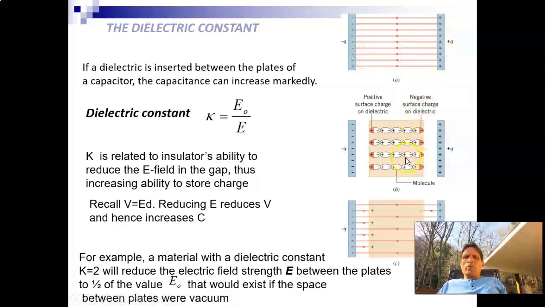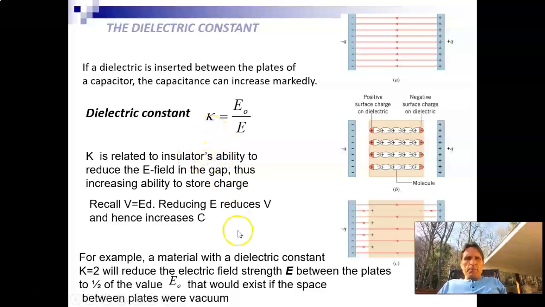Okay, and so what we've done here, by sticking this chunk of insulating material in between the plates, is we've reduced the electric field between the plates. And the amount that the electric field is reduced is given by what's called the dielectric constant of the material. And that's a property of the material. We can look that up.